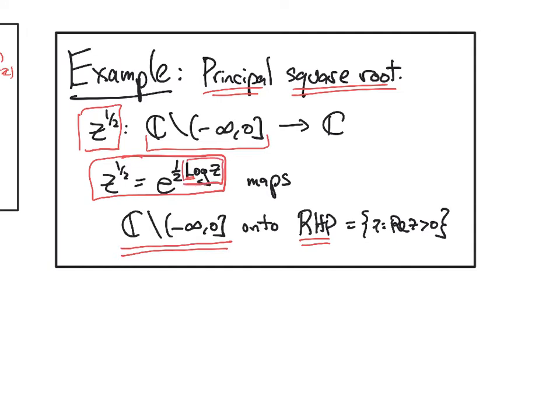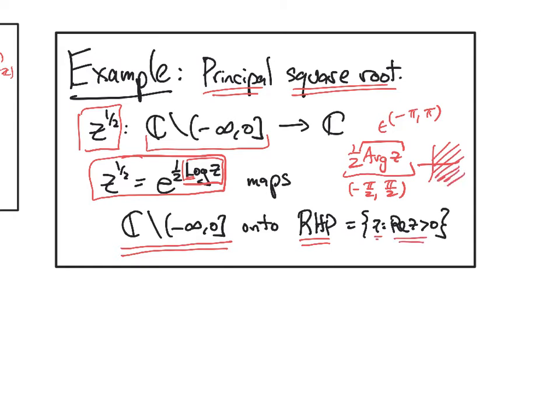So all of the arguments are getting hit with a 1/2. All of these arguments live in the interval minus pi to pi. So taking 1/2 of those will be between minus pi over 2 and pi over 2, and so we only get points in the right half plane, which is the points z such that the real part is positive.